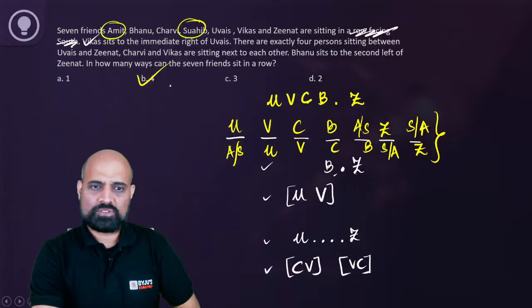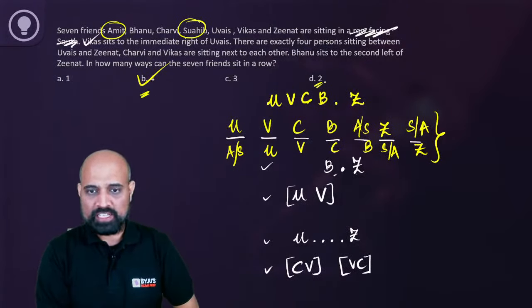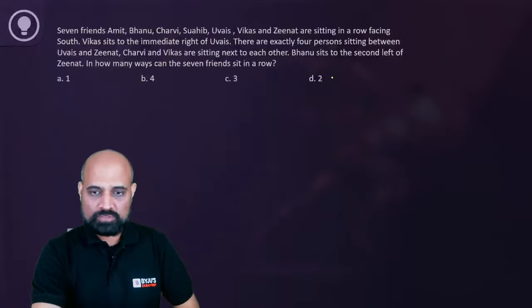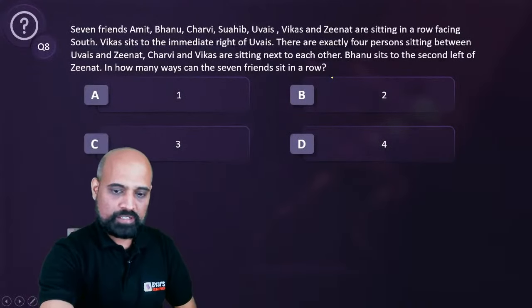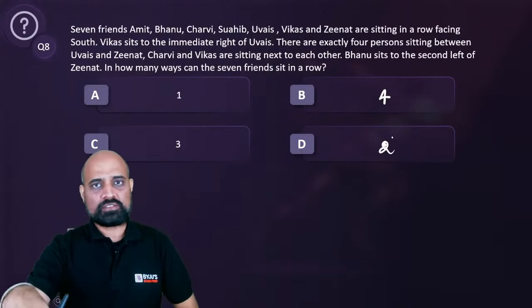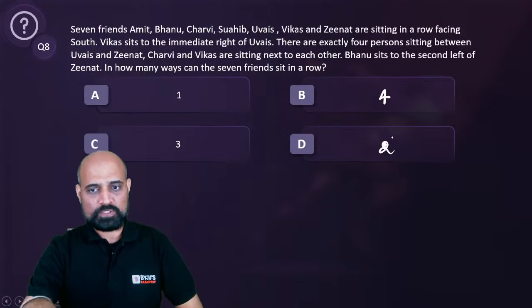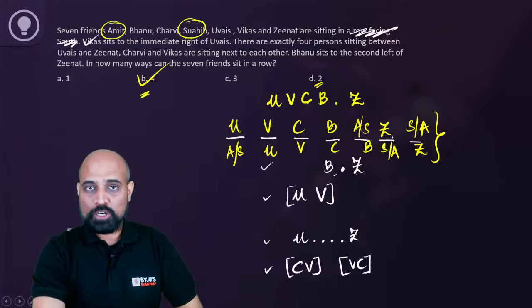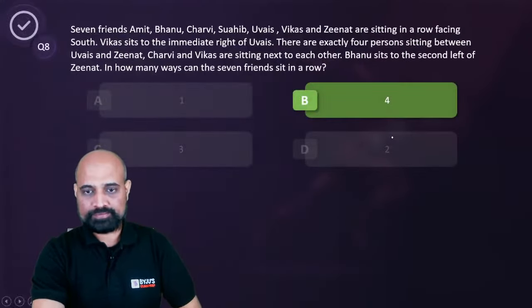Okay, so 4 is the answer. It doesn't matter whether it is B or D. Theta we can't take, there's no cat. Okay, it's 4. So in the earlier one, there's a mistake here. This should have been 4 and this should have been 2. Anyways, you guys answered the options as per the main question, no? Okay. So people who answered Bravo option, 4 ways, there are 4 ways.